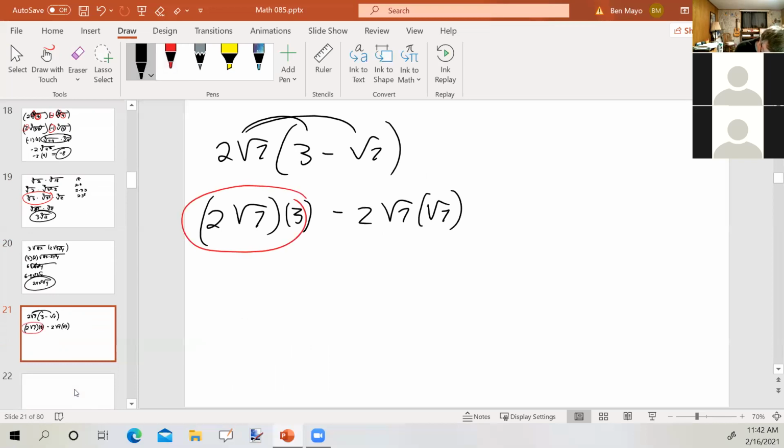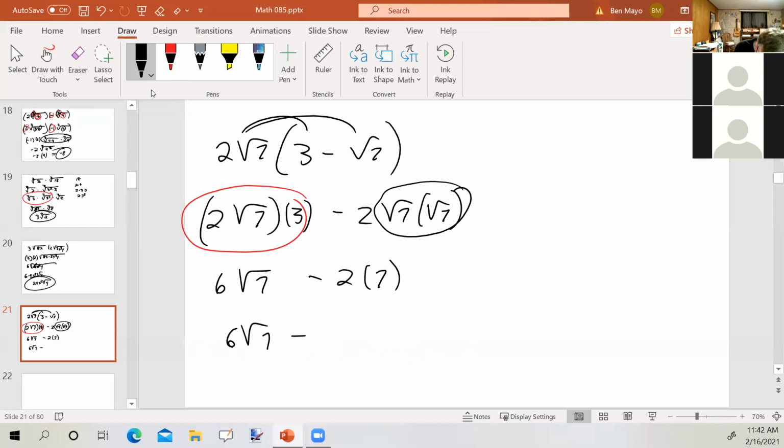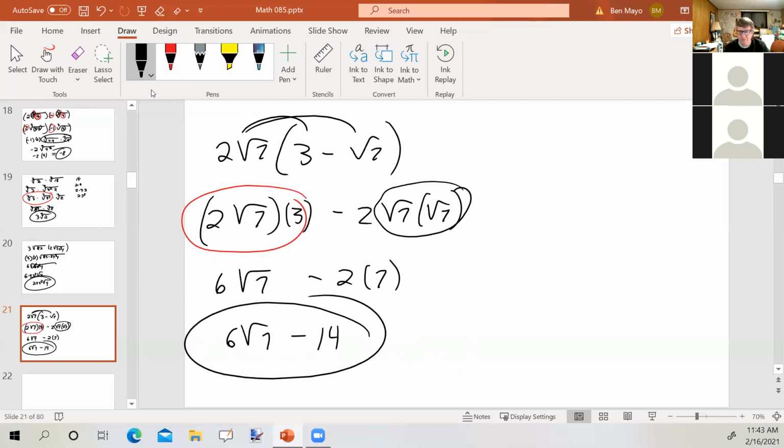This would be 6 square roots of 7 minus, oh, what would that be? This would be minus 2 times the square root of 7 times the square root of 7 is 7. So I've got 6 square roots of 7 minus 14. All right, well, I'll just keep going and assume you're following. If you're not, let me know.